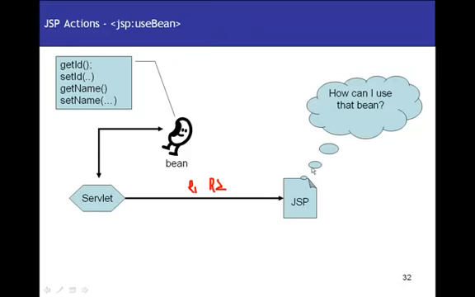So if it's a small application like this where I just have to get two values and print those two values on my JSP page, I could pretty much use the request attribute and do something like that.